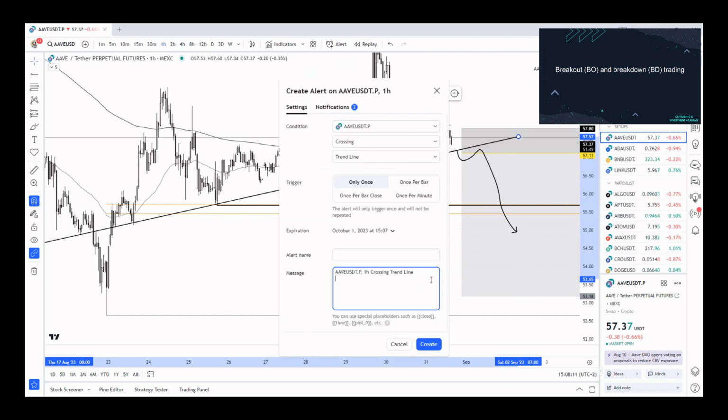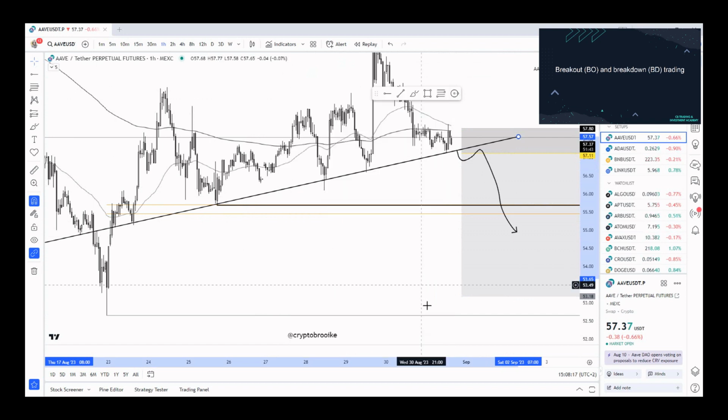What I then will do is set a notification with just 2 letters, BD, in this case breakdown, which means it breaks down on the hourly. I still don't have to be quick, because we still have an hour to see if the second candle breaks down.